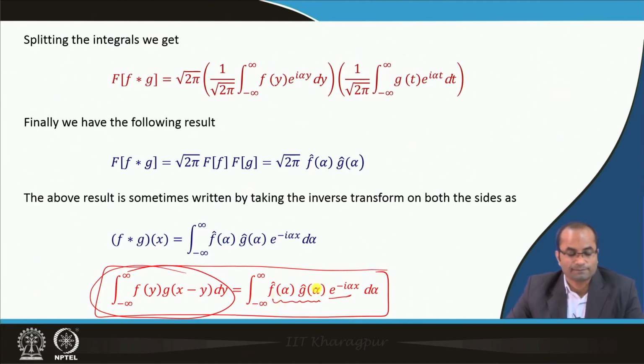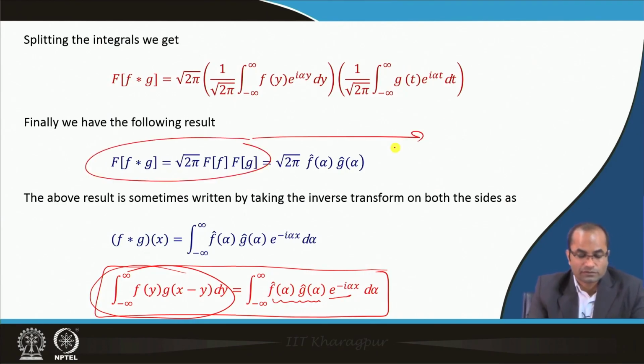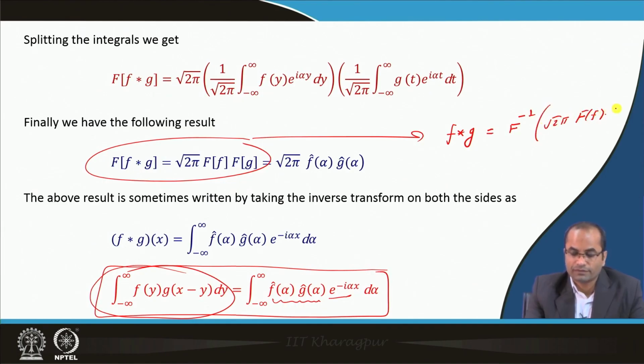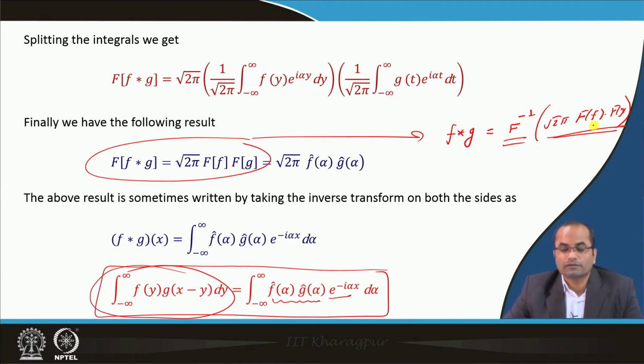The convolution f star g is nothing but the inverse Fourier transform of square root 2 pi times the Fourier transform of f times the Fourier transform of g. So if we take the inverse Fourier transform of this product of Fourier transforms, we get back the convolution of the two functions.